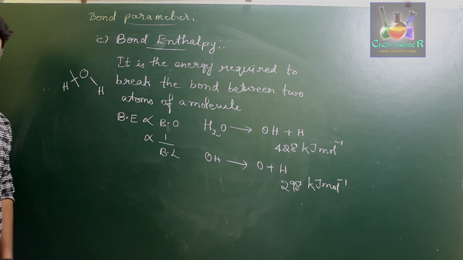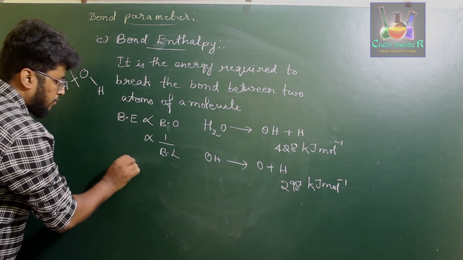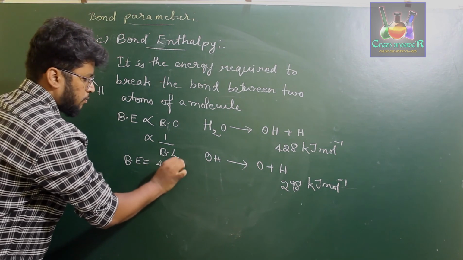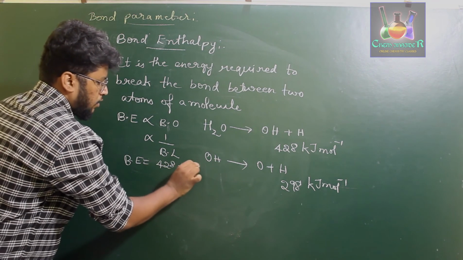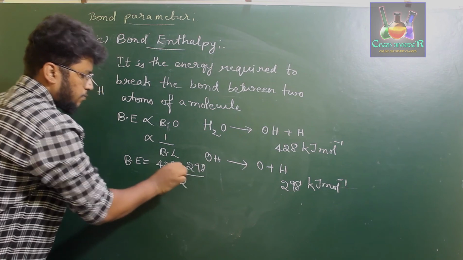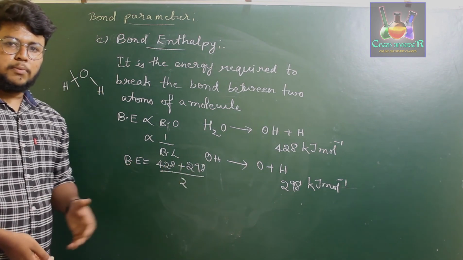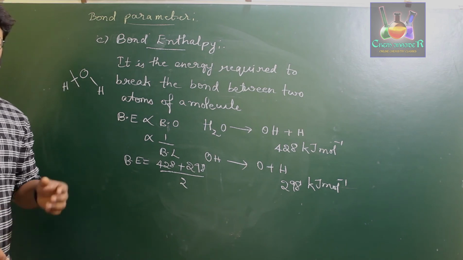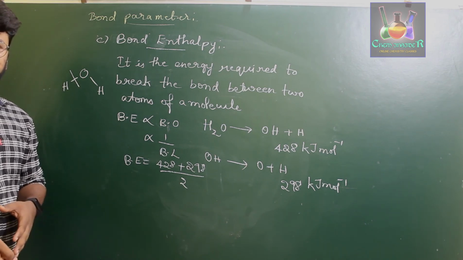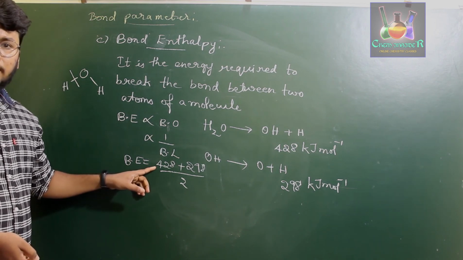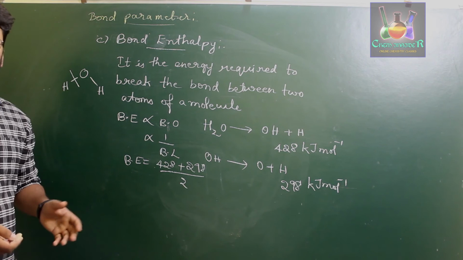If you consider the water molecule, its bond enthalpy can be calculated as 428 kilojoules per mole plus 298 kilojoules per mole, divided by 2. So the bond enthalpy of polyatomic molecules is given as the mean or average of the energy required divided by the number of bonds broken.